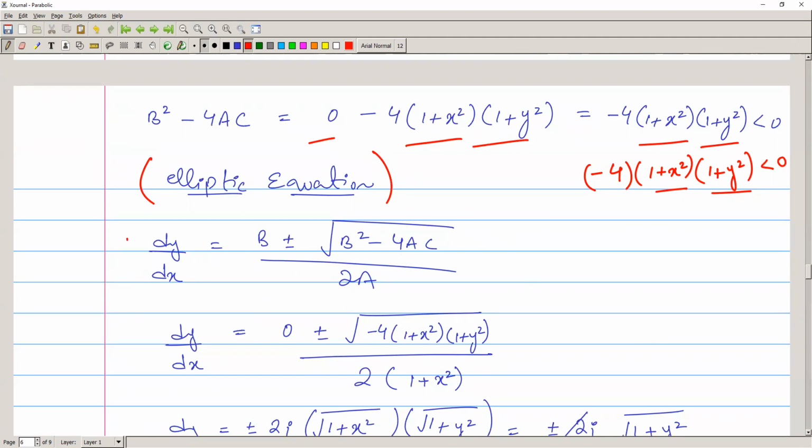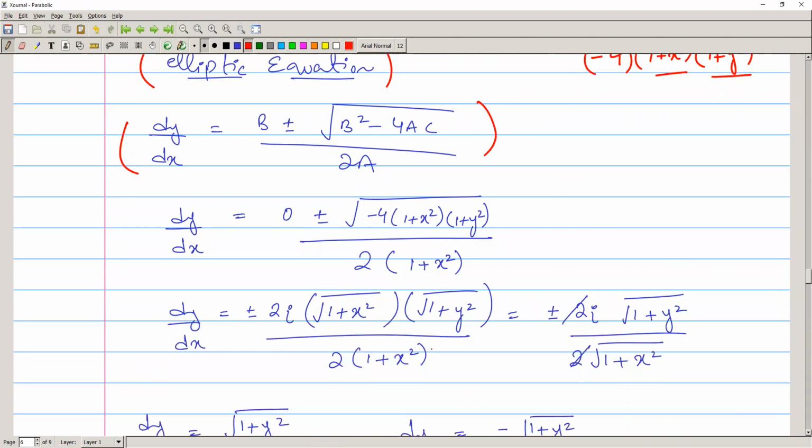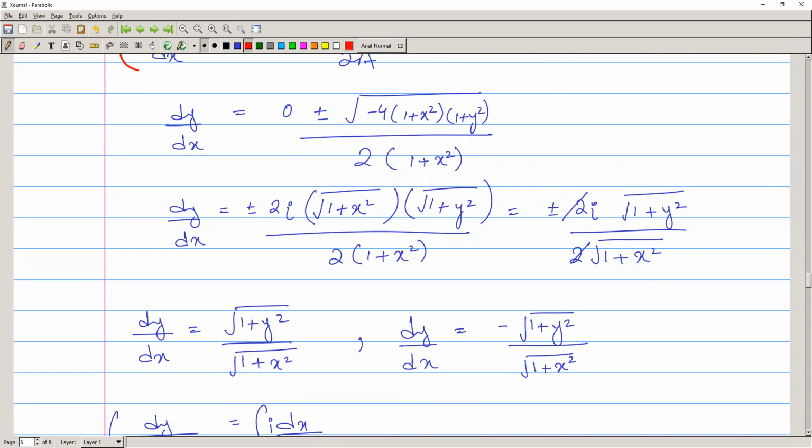Now we will apply the characteristic equation, that is dy over dx is equal to b plus minus square root of b squared minus 4ac over 2a. Then we will plug in the values of a, b, and c, and finally we will get to this form, that is plus or minus iota times square root of 1 plus y squared divided by square root of 1 plus x squared.